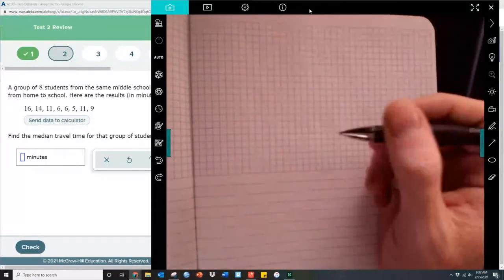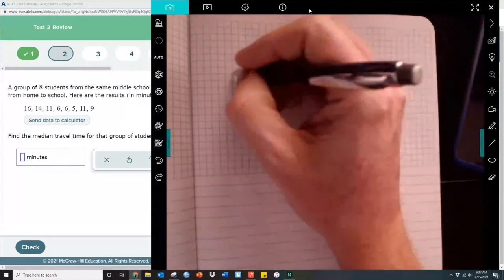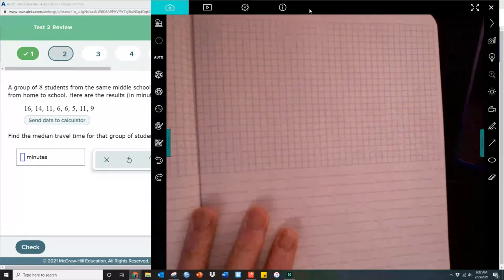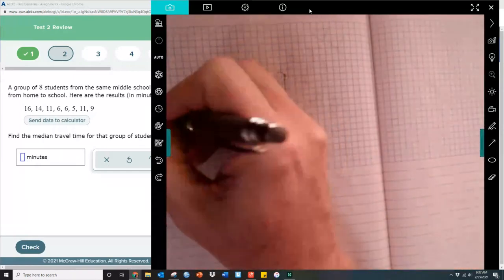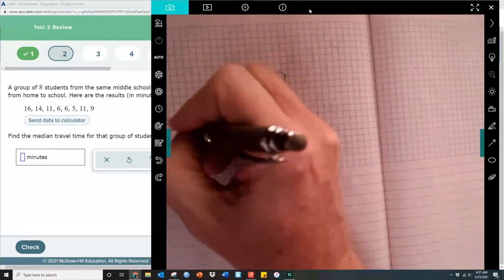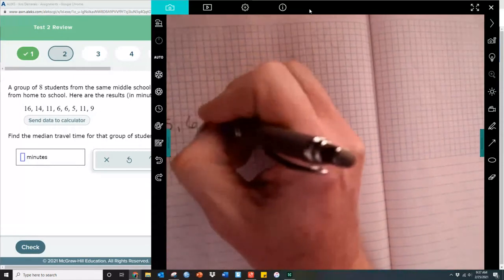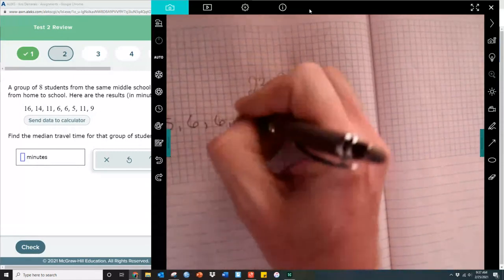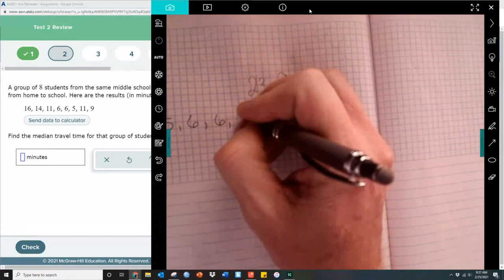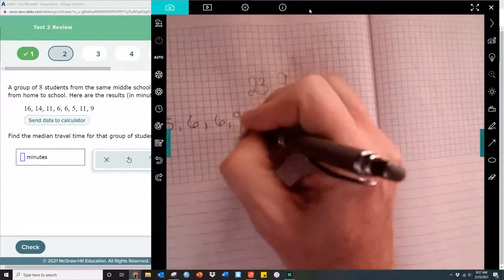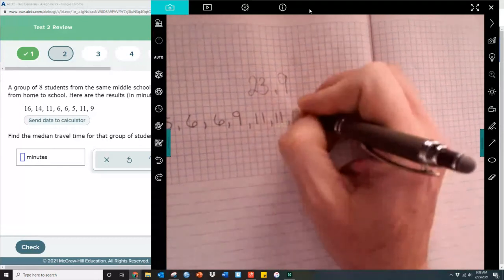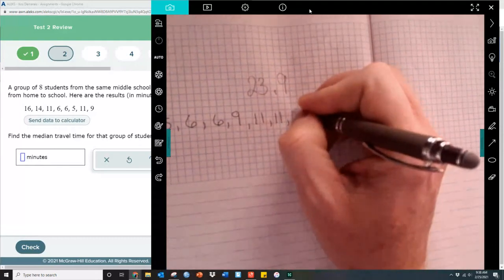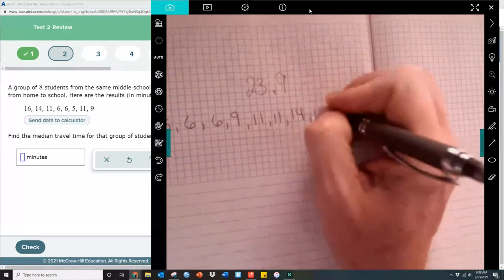do this. Okay. So now we're going to put this in order from least to greatest. So we're looking at 5, and then 2 6s. We're looking at a 9, 2 11s, and then we're looking at 14 and 16.